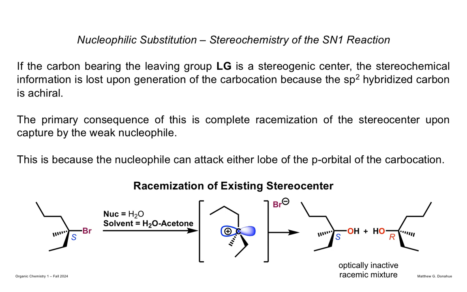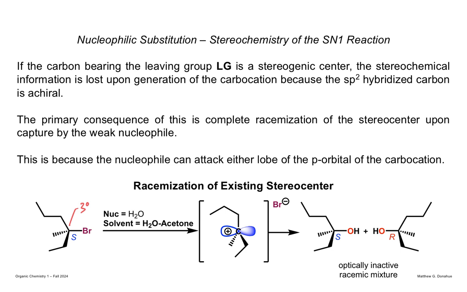So in the example shown here, this is a tertiary bromide, and so it has the S stereochemical designation. And then it's being treated with a solvent mixture.